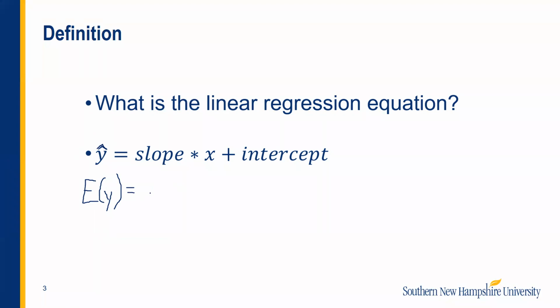It might also, instead of slope, say B1 or beta 1. X will be X, should remain X, that's the variable. It's not a specific number necessarily, it means all possible X's within the data. And then intercept is written as beta 0 or B0 sometimes.